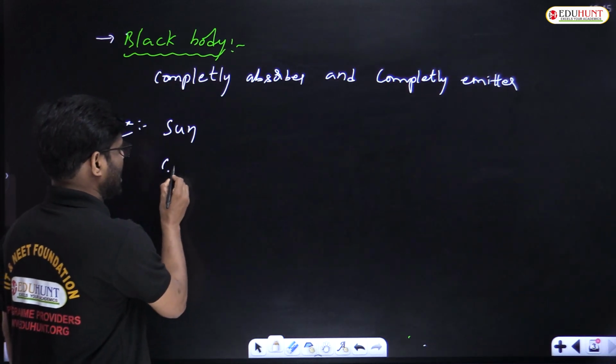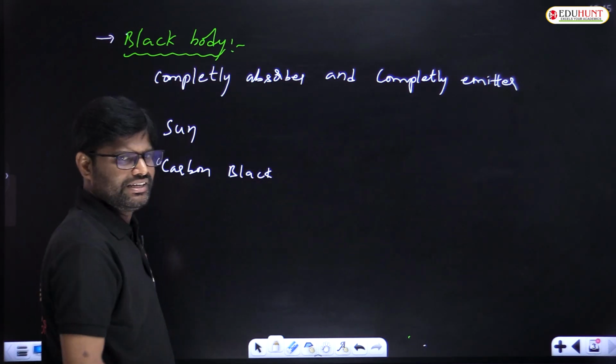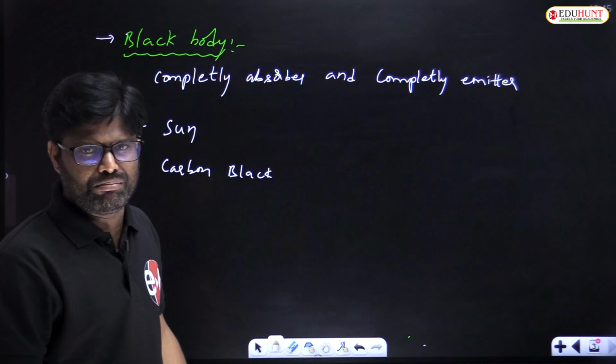Next one is carbon black. This is the second black body example.